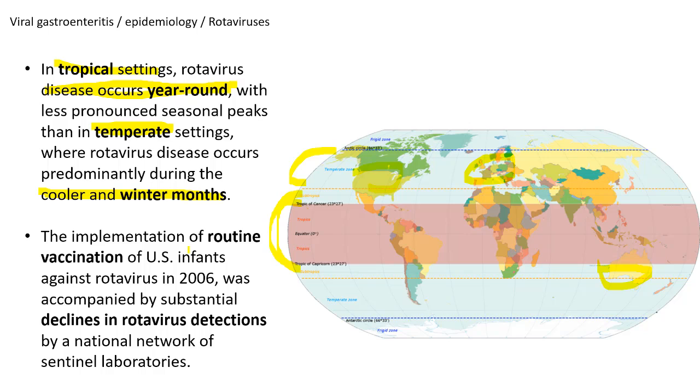Now, there was a vaccine developed against rotavirus infections, and this vaccine has been very helpful in decreasing rotavirus detections in symptomatic cases in a national network in the US, a national network of laboratories. And we'll come more regarding the vaccination issue with rotaviruses.